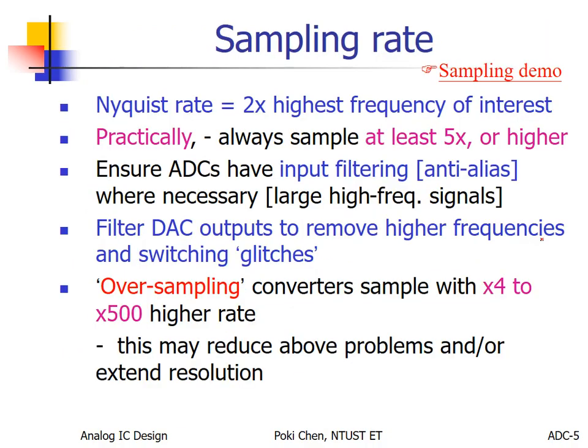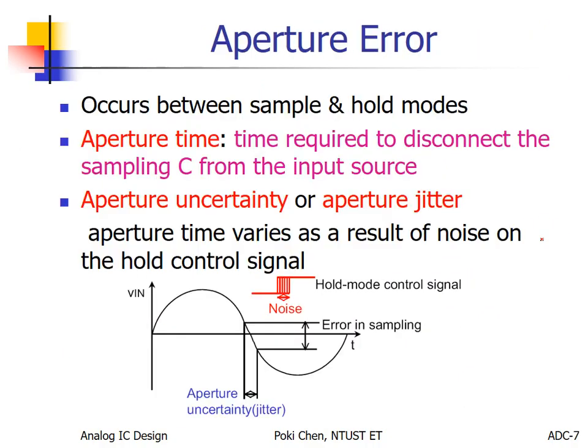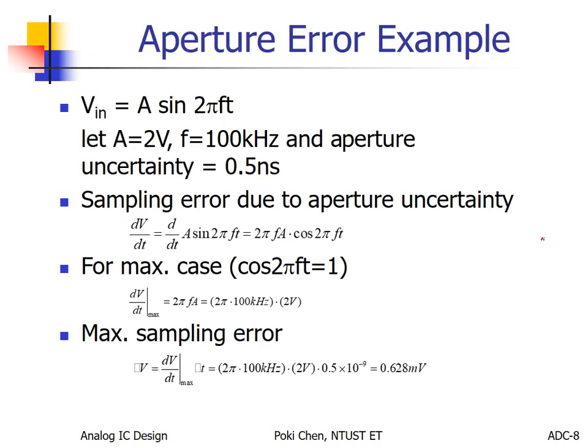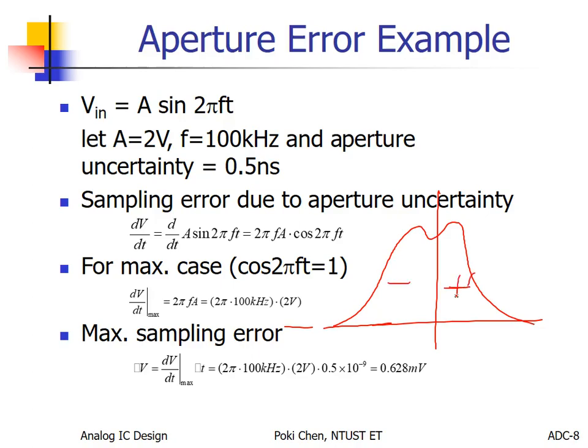Let's go further. Wait a moment. Where is the aliasing? Well, anyway, for example, this is your input frequency. Anyway, that is positive, and the other one is negative. In magnitude, they should be symmetrical. All right.